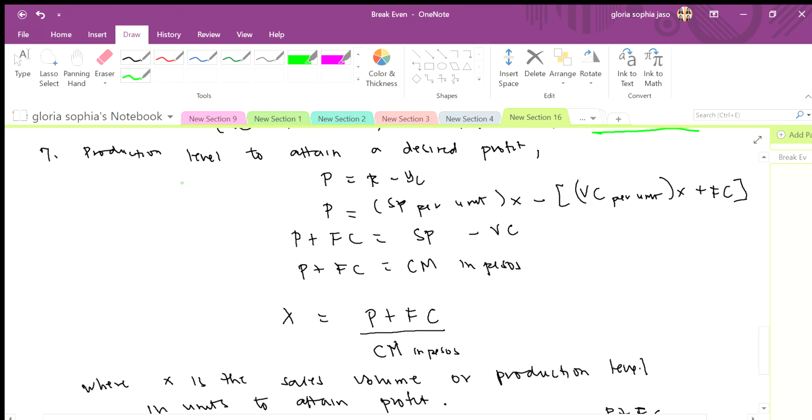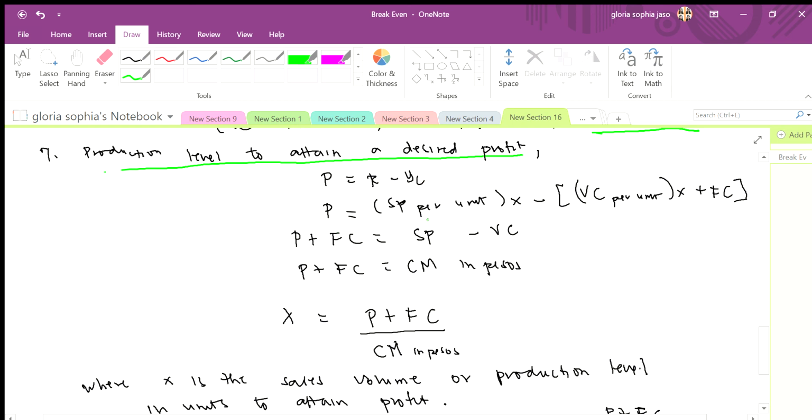And then the production level to attain the desired amount. To solve for this, we will use this formula. The derivation is: profit equals the revenue equation minus the total cost equation.